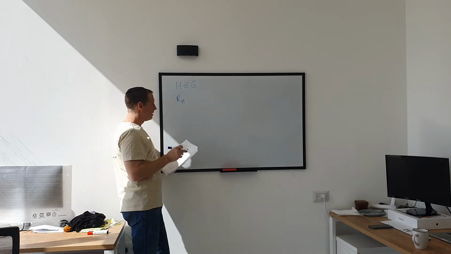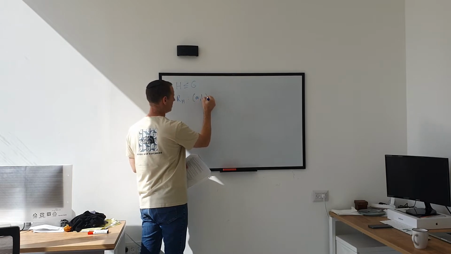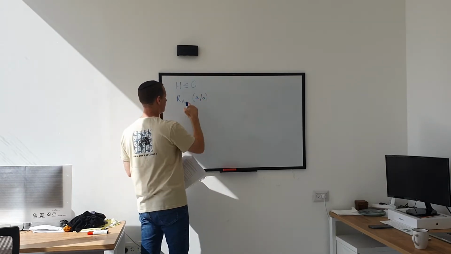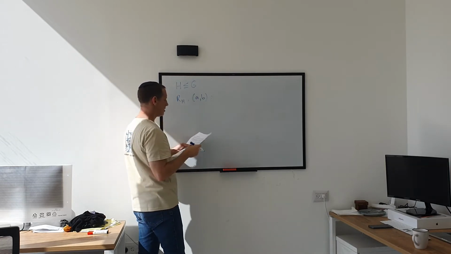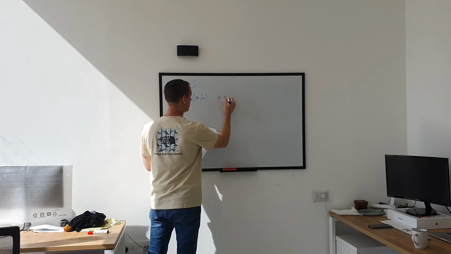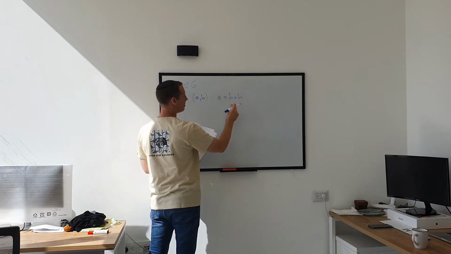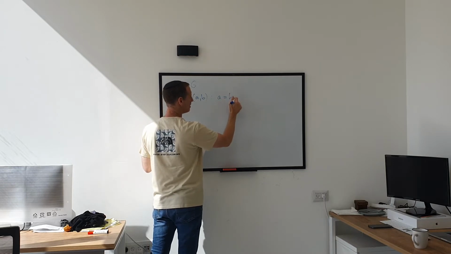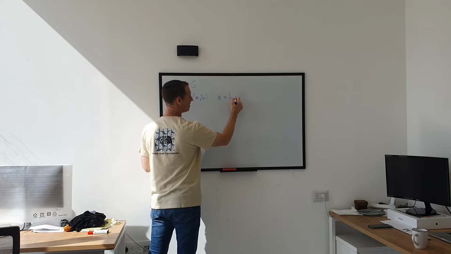The relation will be (A, B) such that A equals B plus H. We can say B times H, whatever.